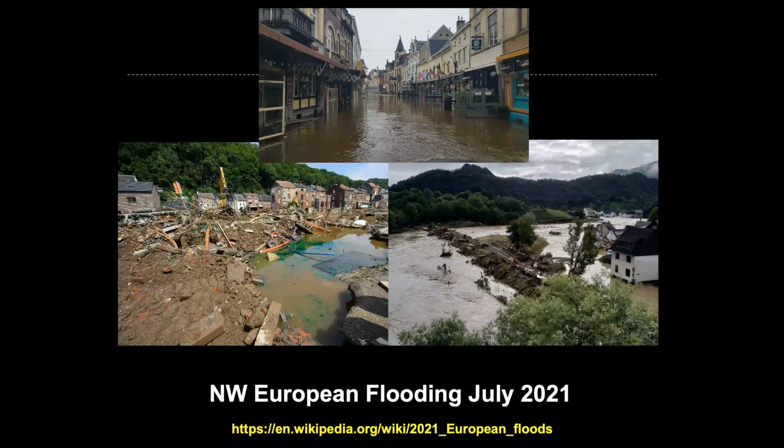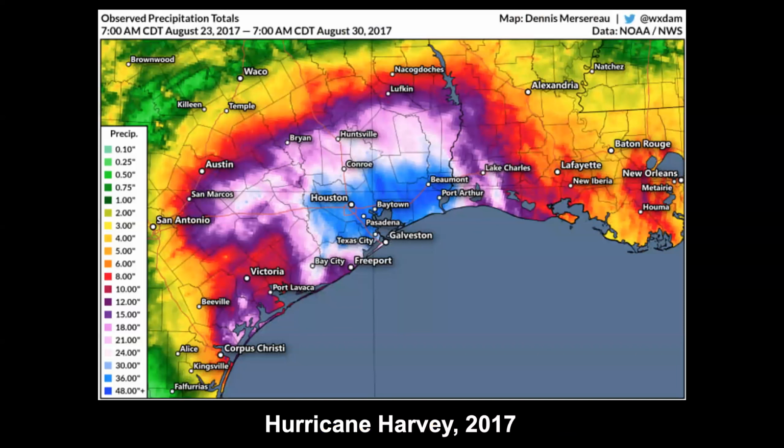Again, just to give you a sense of the real world impacts these events can have when rainfall falls too quickly. Here's an example of Hurricane Harvey over Houston, Texas, and southeastern Texas in the year 2017.